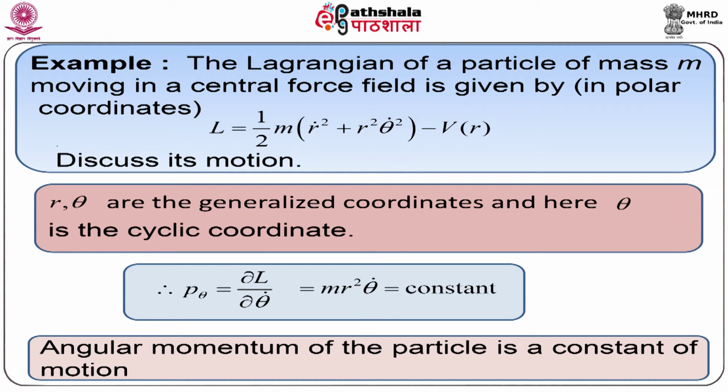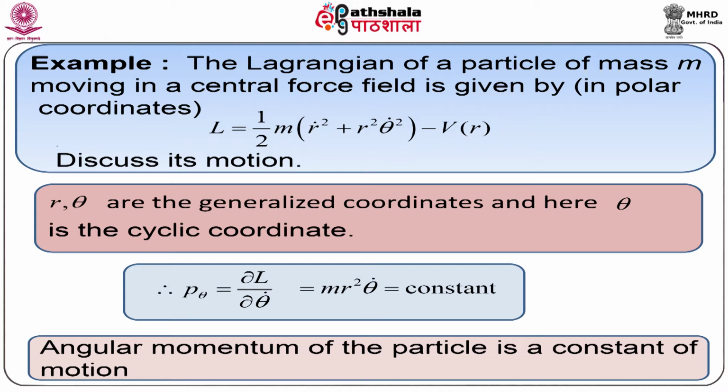Clearly, r and theta are the generalized coordinates, and here theta is absent in the Lagrangian L. So, theta is the cyclic coordinate here. Thus, the generalized momentum corresponding to the cyclic coordinate theta is p theta.